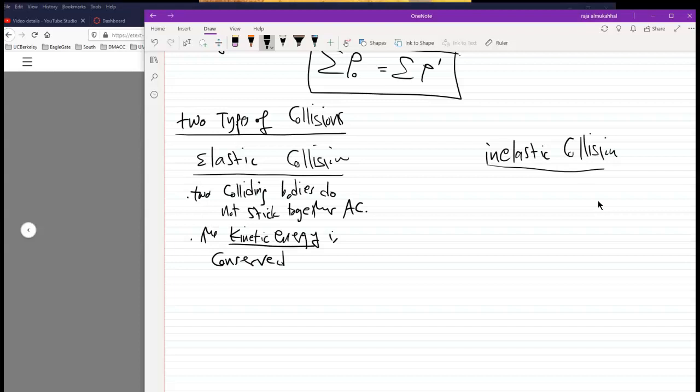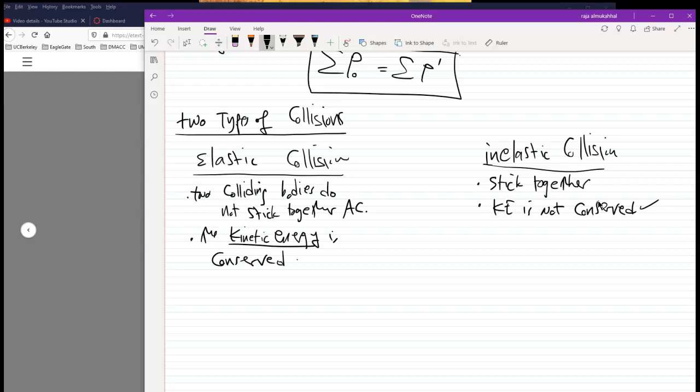Inelastic collision means the two colliding bodies stick together, and the kinetic energy, KE, is not conserved. The second statement for both is more important.